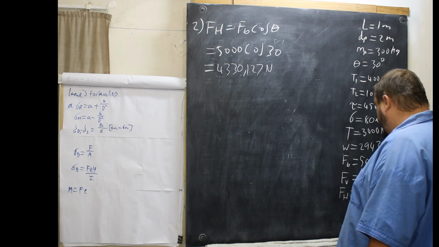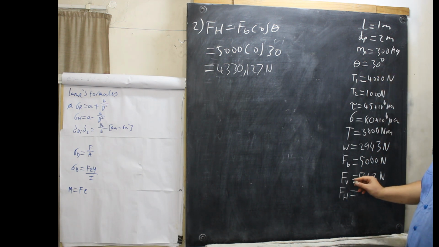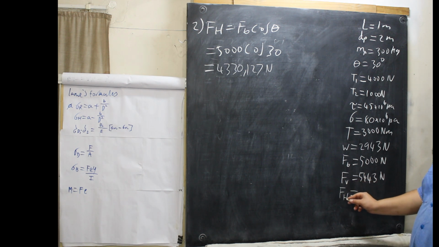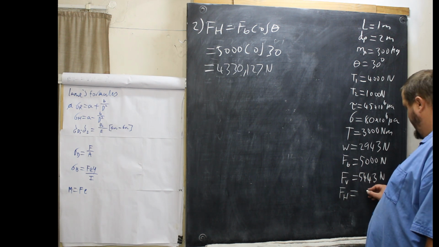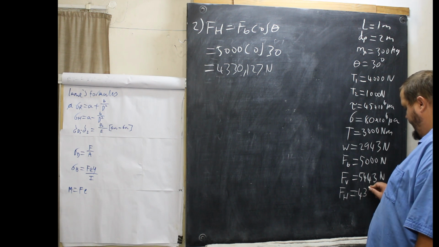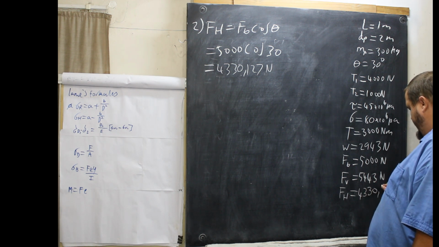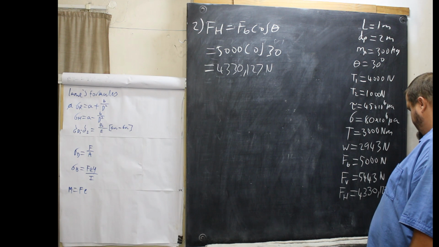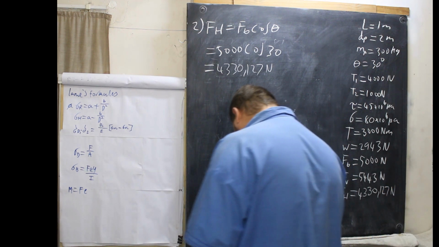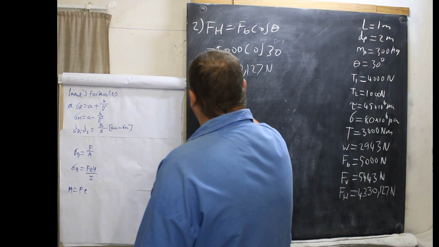FV is the vertical component of the force, and FH is the horizontal component of the force. Now we need F.